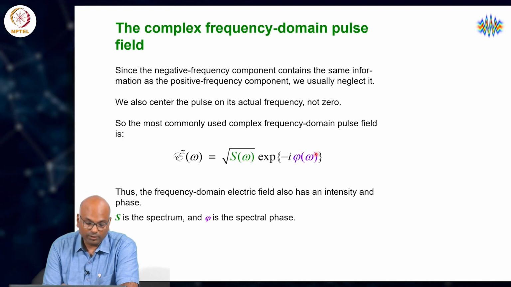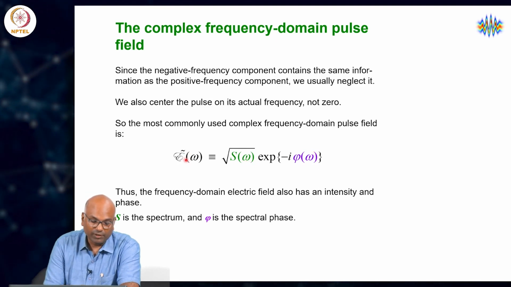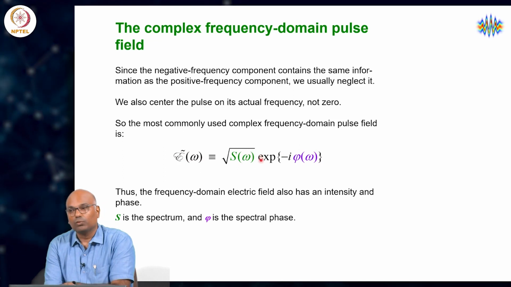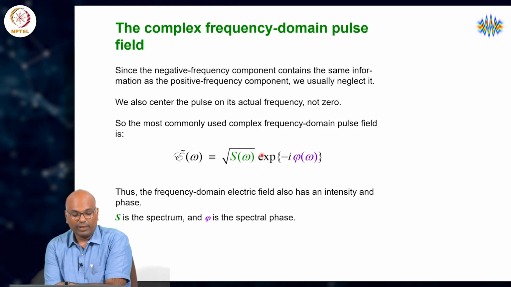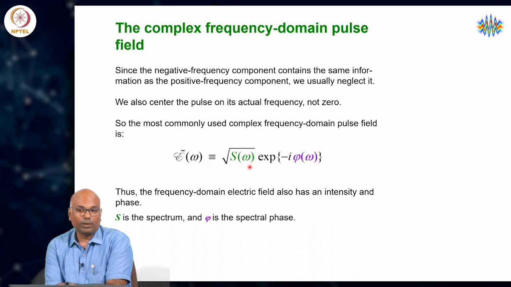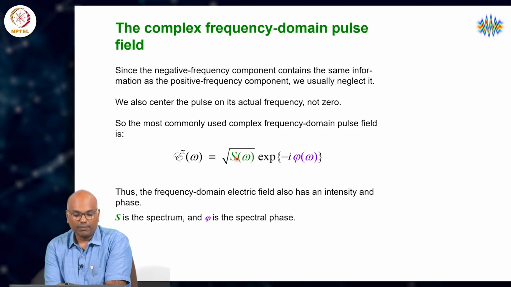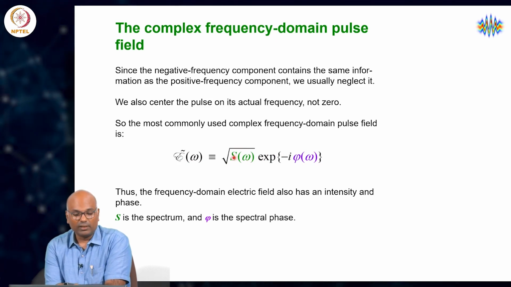We forget about even omega naught, have an E tilde of omega and reference it to omega naught being 0, simply because we decided to bookkeep that, and this now has a simple form.